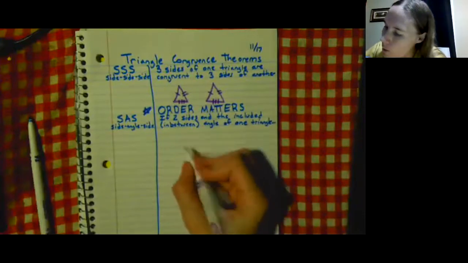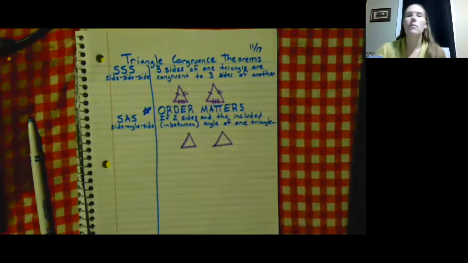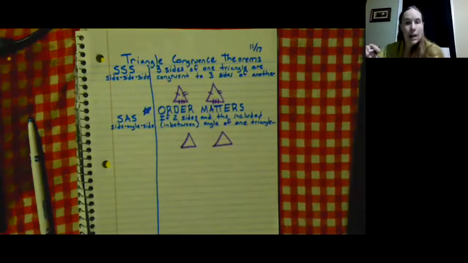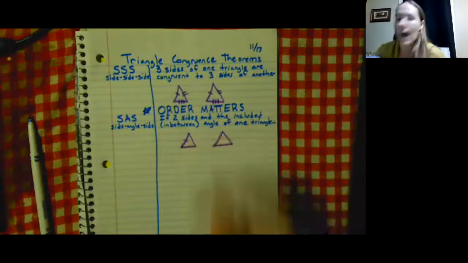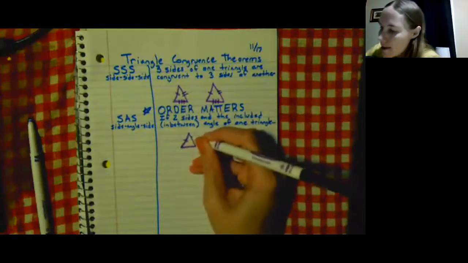So the reason that order matters, I'm going to draw my two triangles again, is because we read the triangle in order. So just like the name order rule, reading our triangle matters as well. So if this is my first side, then the angle has to be the next angle I see.